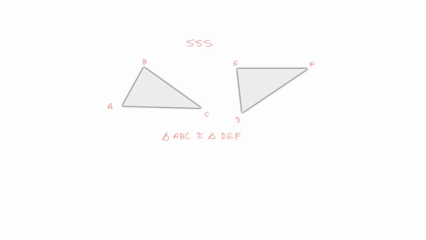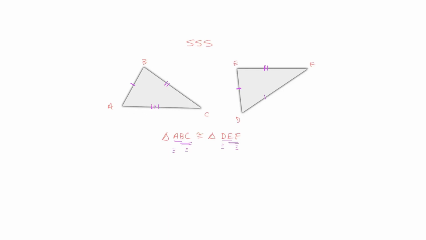So if we're talking about sides, we know AB and DE, and we'll put a single slash for each, are a congruent side. We know BC and EF are another congruent side. And we know AC and DF is our last congruent side.